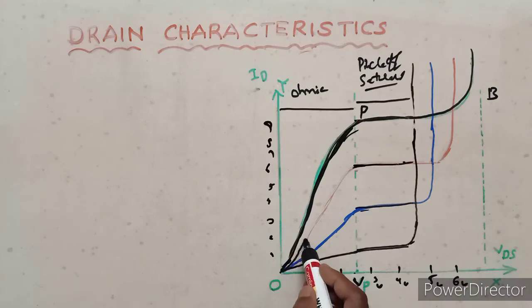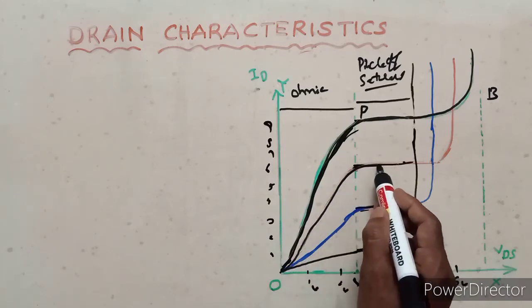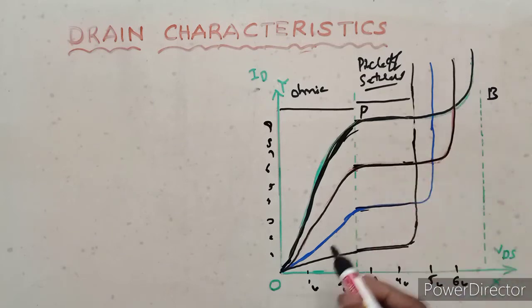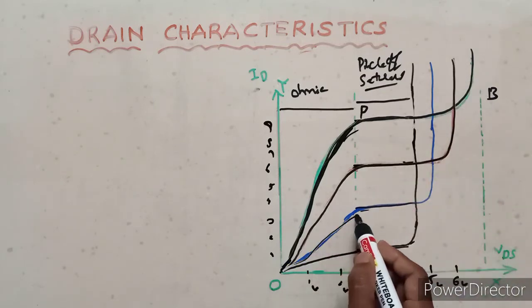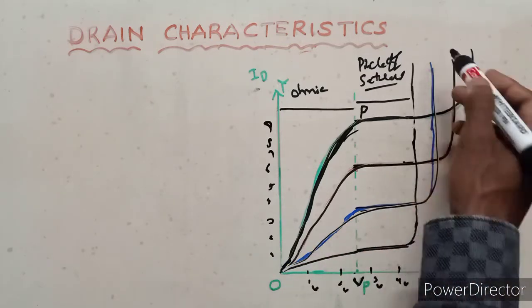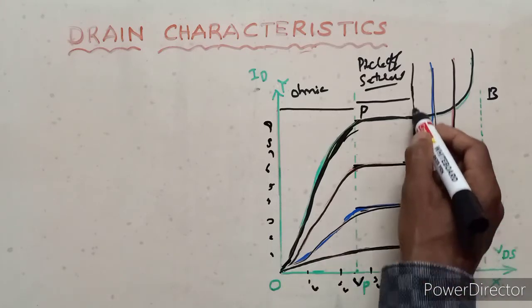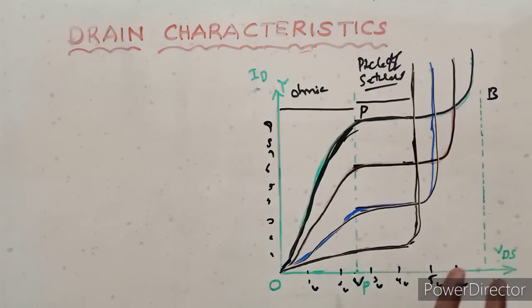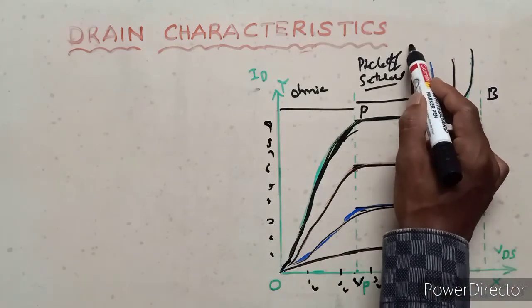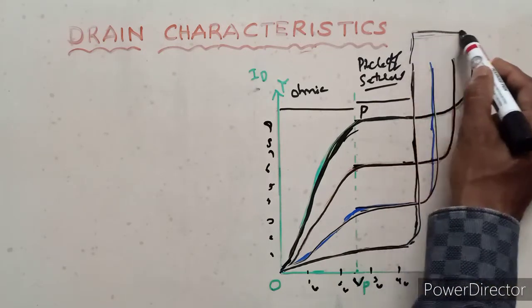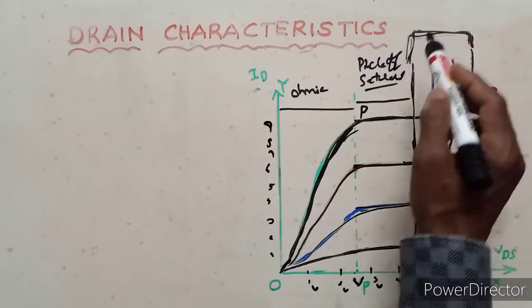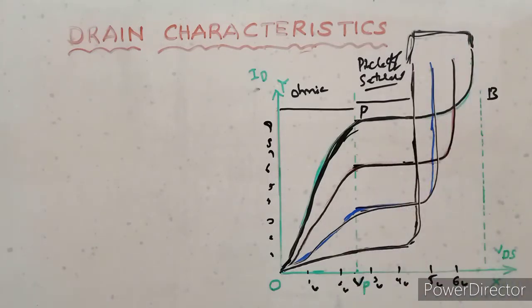This is the increasing plot, suddenly increasing. So the suddenly increasing region is the breakdown region.